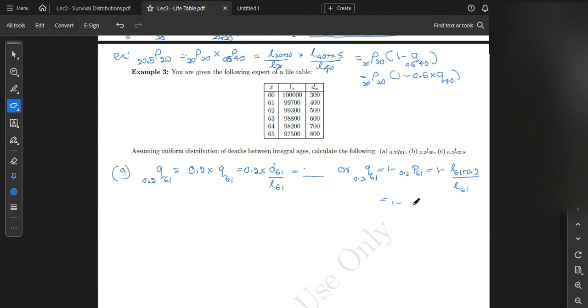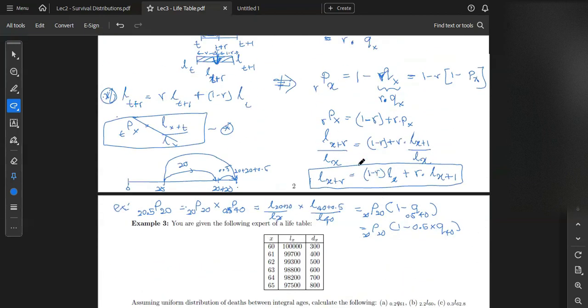For this, again, R is 0.2 now. This is the uniform assumption. It's L61 minus 0.8 times L62 plus 0.2 times L63, sorry, and divided by L61. So that is the second way of dealing with this equation.